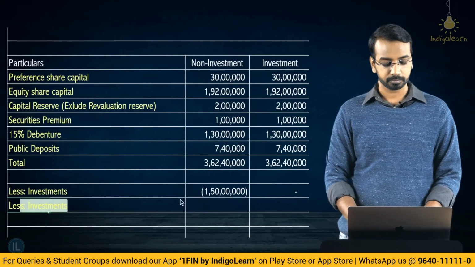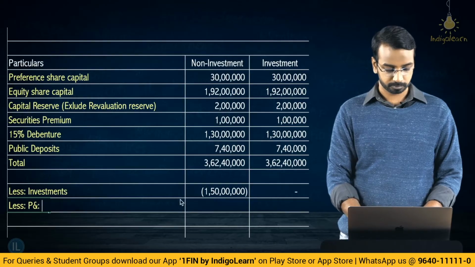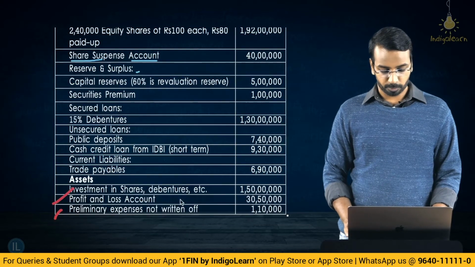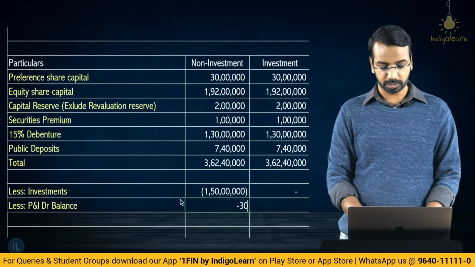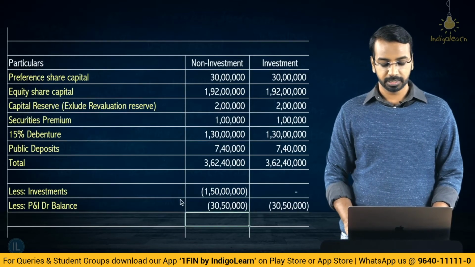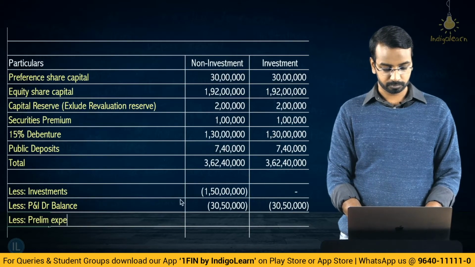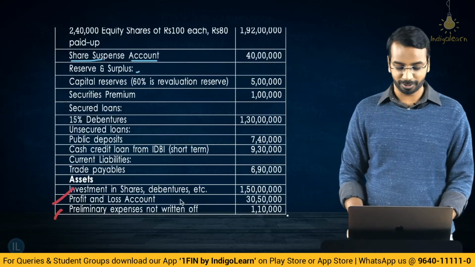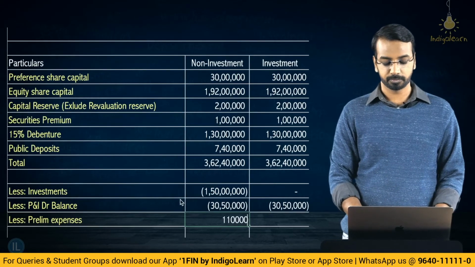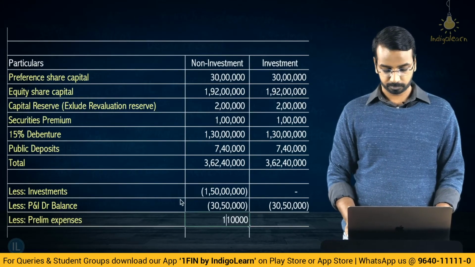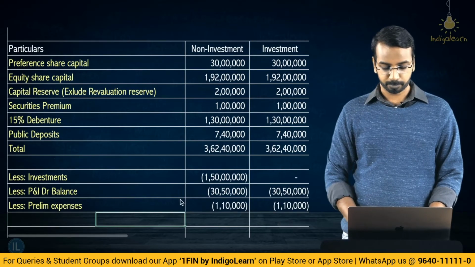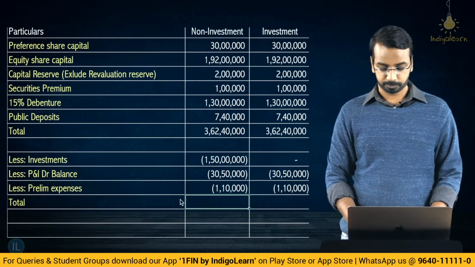So P&L debit balance, how much is that? 30 lakhs 50,000, and preliminary expenses not written off 1 lakh 10,000, right? Total.